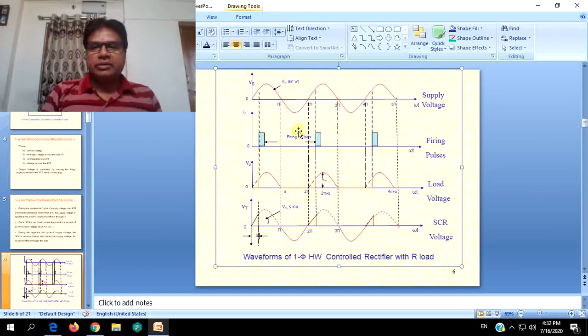The same things will be repeated in every cycle, from 2 pi till 4 pi, and again from 4 pi till 6 pi, likewise. In every positive half cycle, we turn on the SCR, and the load gets voltage and current only in the positive half cycles, but not in the negative half cycles.